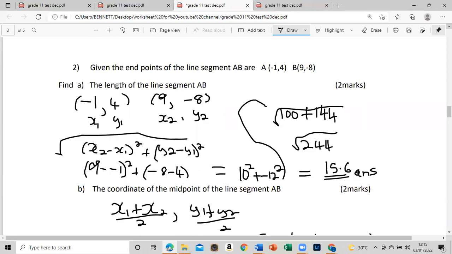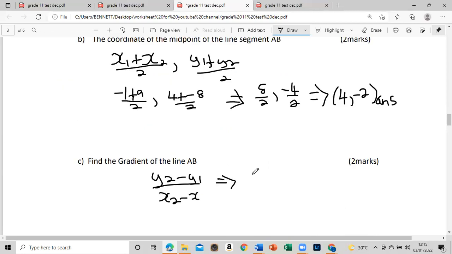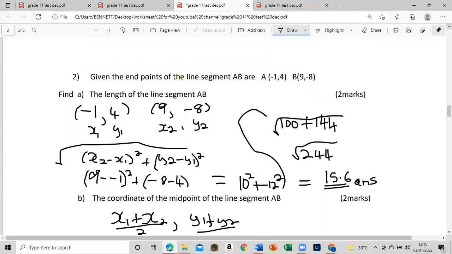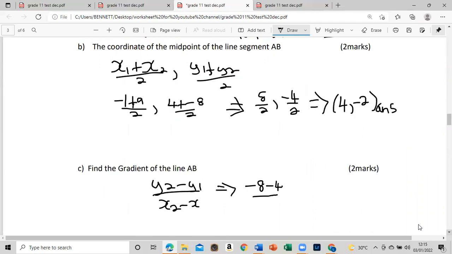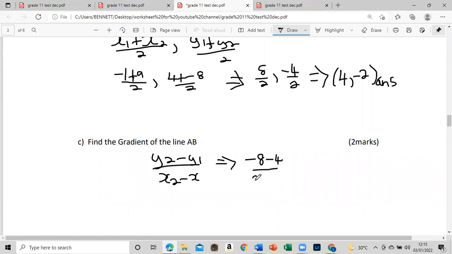Negative 8 minus 4 over 9 minus 1. So this is going to give us negative 12 over 10.